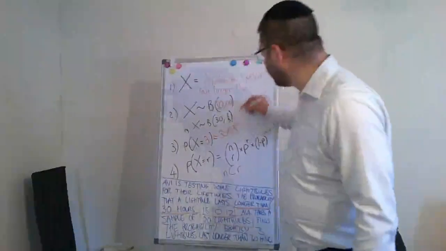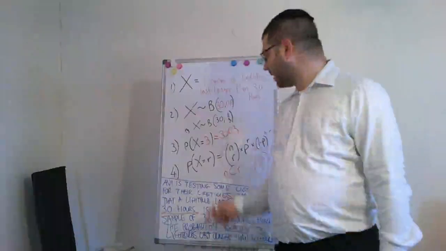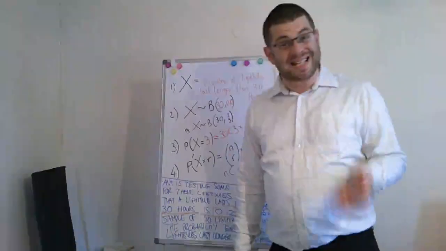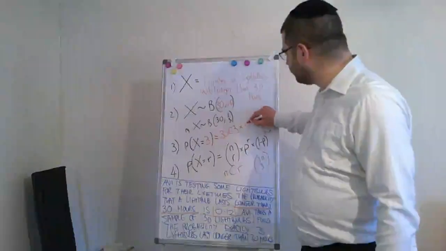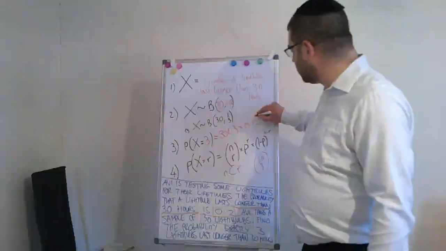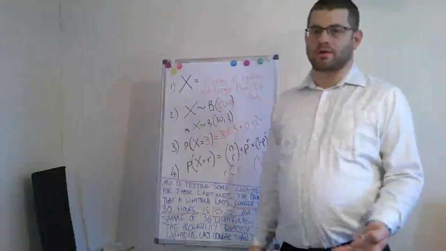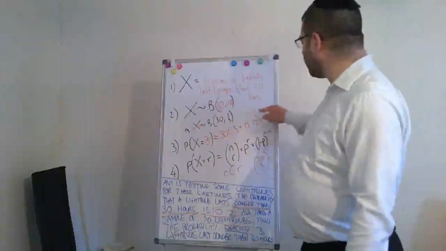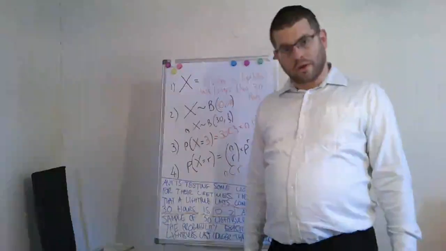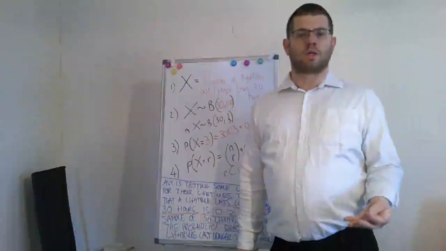So that's 30 C 3, or 30 choose 3, but on the calculator you type that, multiplied by P, that's the probability of my success, which is 0.12, to the power of how many successes I want, which is 3. But if there are 3 successes, you're doing 30 trials. You're doing n trials whether you like it or not. So if you've got 3 successful trials, i.e. 3 light bulbs lasting longer than 30 hours, then the rest of the trials must be a fail, i.e. not lasting longer than 30 hours.